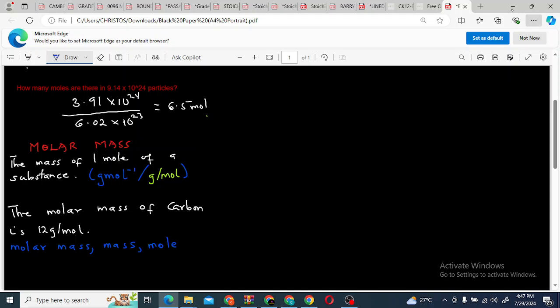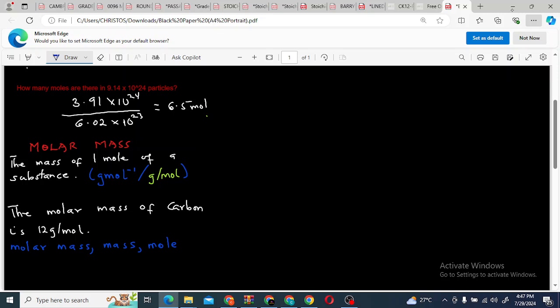Mind you, molar mass is different from mass. The mass of any substance is just what it weighs when it is put on a top pan balance. But the molar mass of the substance is the mass of 1 mole of the substance.